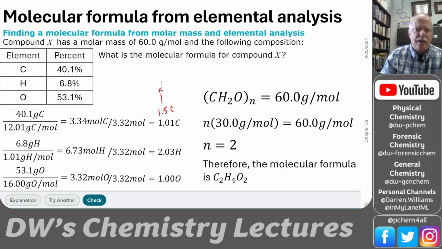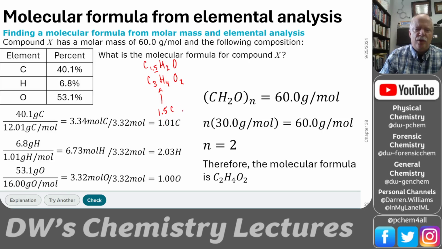Because this would be C1.5H2O, and I don't like that 0.5, okay? So we're going to multiply everything by 2 to get rid of it. So 2 times 1.5 is 3. So this would be C3H4O2. So that's what you do if you have a 1.5.